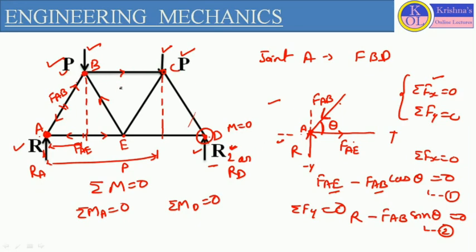Similarly, if we are unable to define the force on both the members, we will use another joint, joint C. Similarly, we will use joint D and joint E. So if we want to define actual force on each and every member, we have to consider each and every joint as a free body diagram, and we will apply the same concept, summation of Fx equals to 0, summation of Fy equals to 0 for each and every joint.